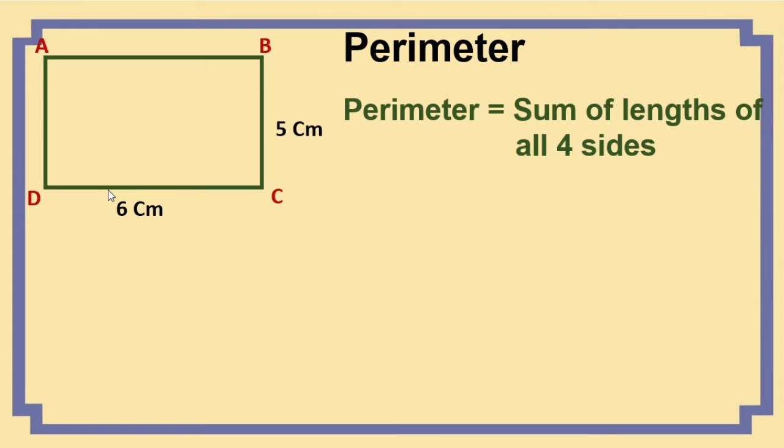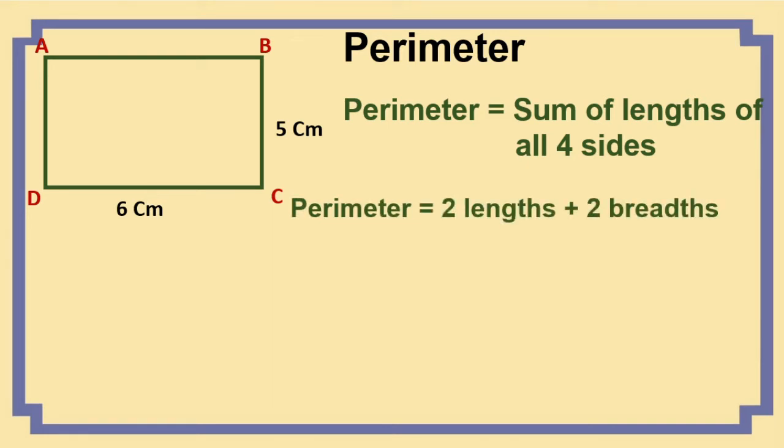Yes, dear children, here only two measurements are given, that is DC 6 cm and BC 5 cm. And we know that in a rectangle the opposite sides are always equal, that is AB is equal to DC and BC is equal to AD, isn't it? So we can write like this: perimeter is equal to 2 lengths plus 2 breadths.